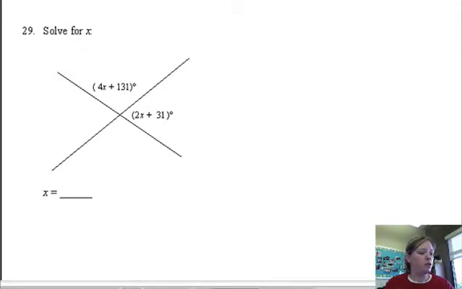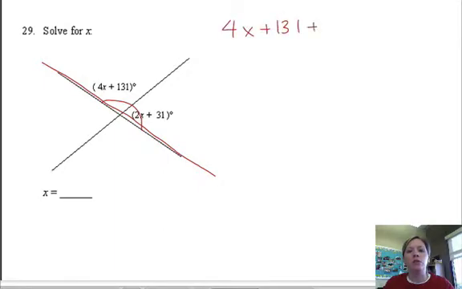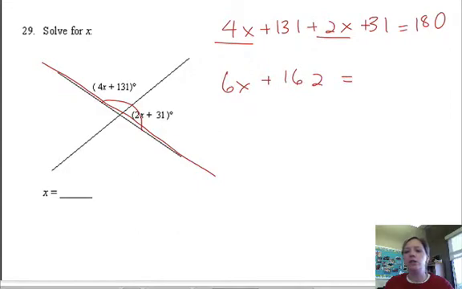For 29, we want to solve for x. Most incorrect answers were gotten by setting these two equal to each other, but they form a straight line, so we need to add them and set them equal to 180. So, there's your correct equation. Combine like terms. That gives me 6x plus 162 equals 180.